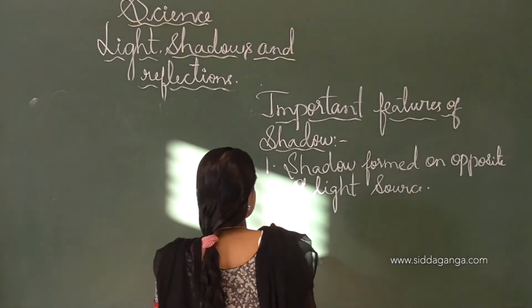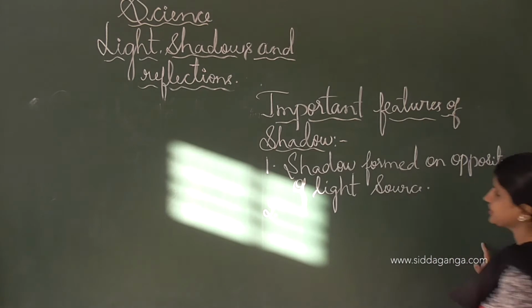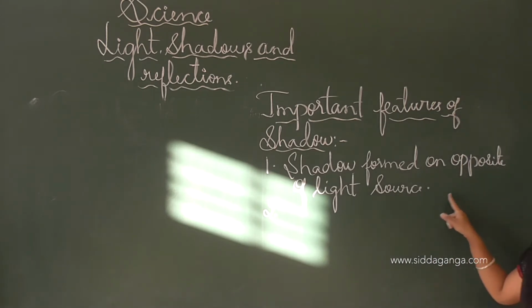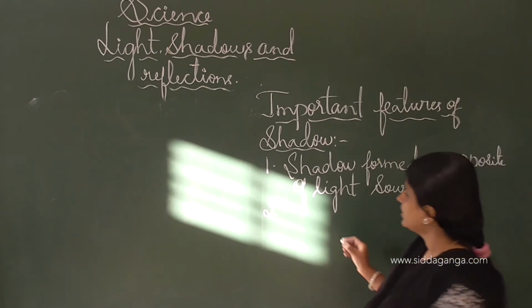And the second feature is change in position of light. First feature is the shadow formed opposite of the light source, and the second is change in position of light. As the position of the light changes, the position of the shadow also changes.